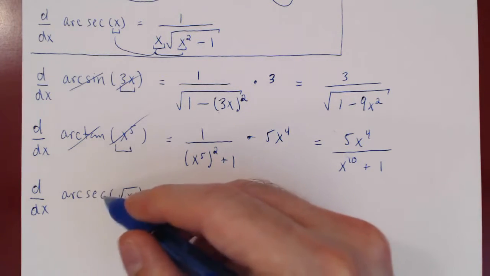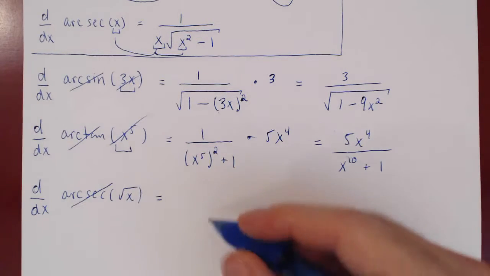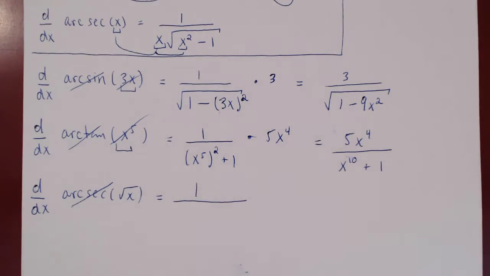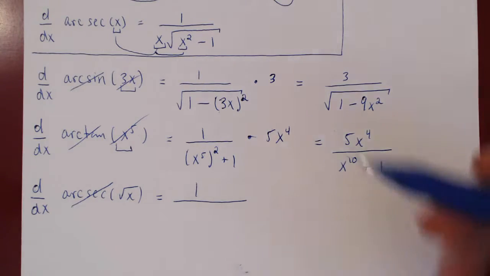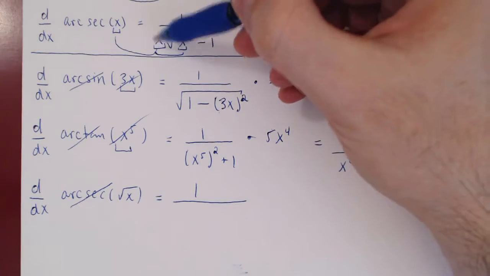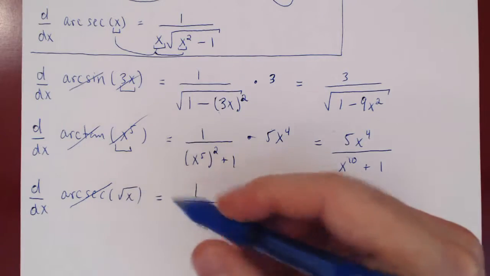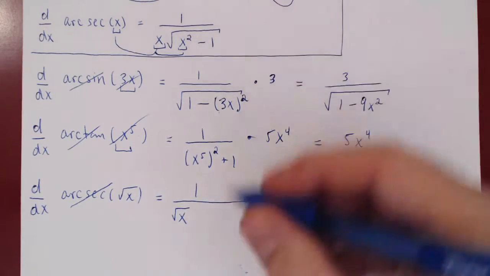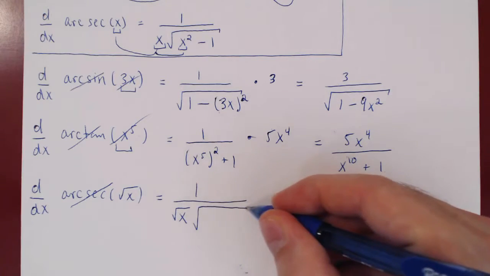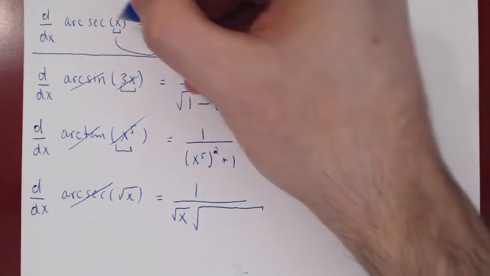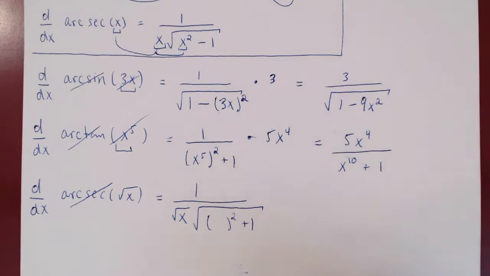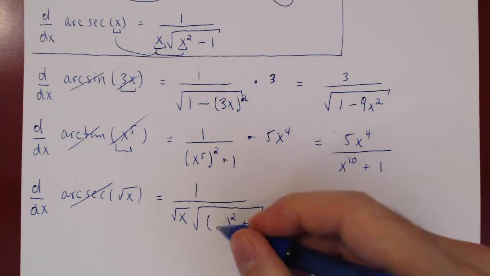So the outside function is arcsecant, differentiate that, 1 over the argument, whatever it may be, the argument here is root of x, so root of x, times the square root of the argument squared plus 1, and here the argument again is root of x.